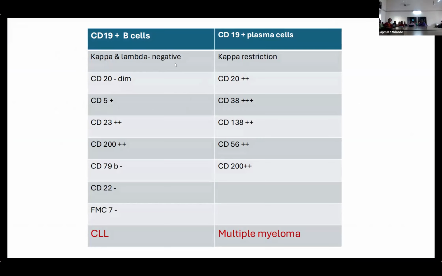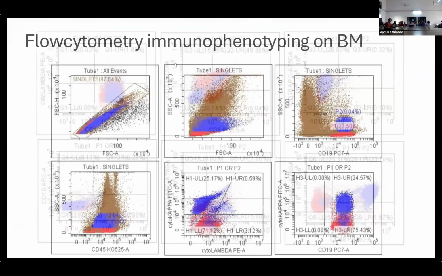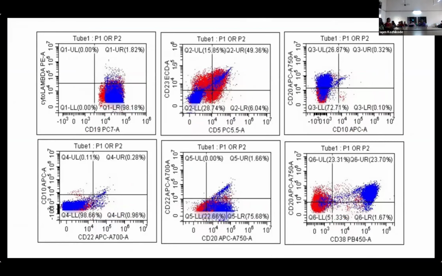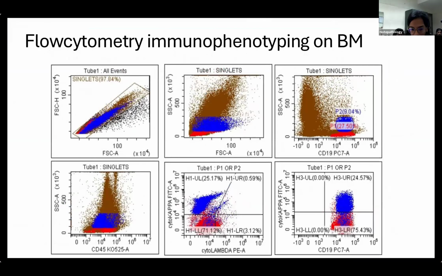Yes, ma'am. And there, this red cell population is B cell, which is negative for both kappa and lambda. There is no restriction.